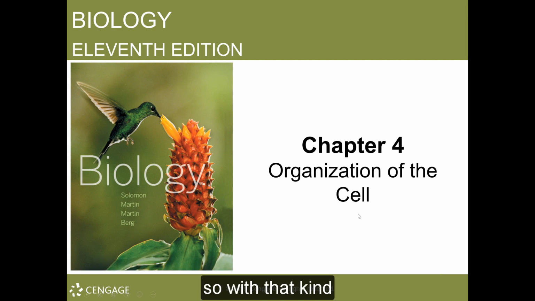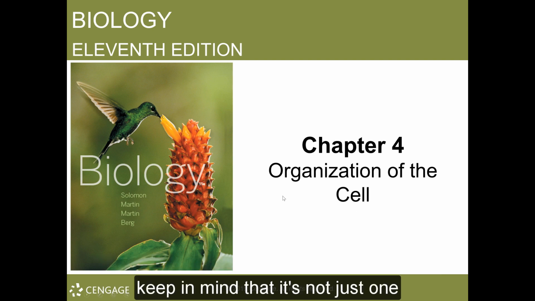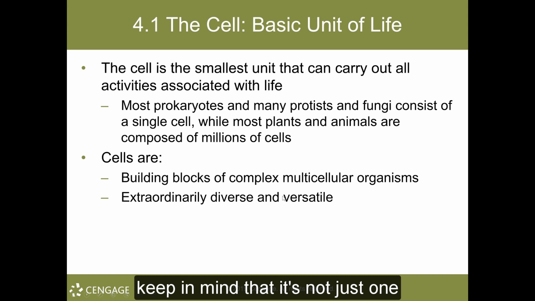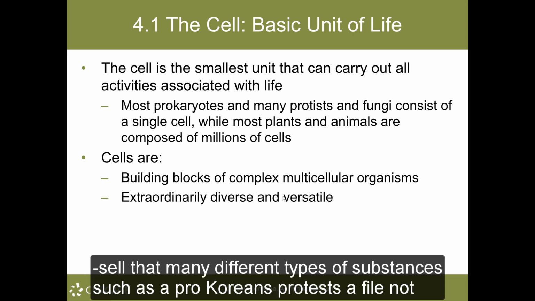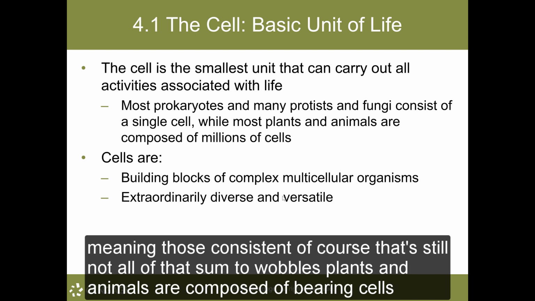With that in mind, keep in mind that it's not just one type of cell. There are many different types of cells in existence, such as the prokaryotes, the protists, the fungi, many of which consist of a single cell, while most plants and animals are composed of millions of cells.